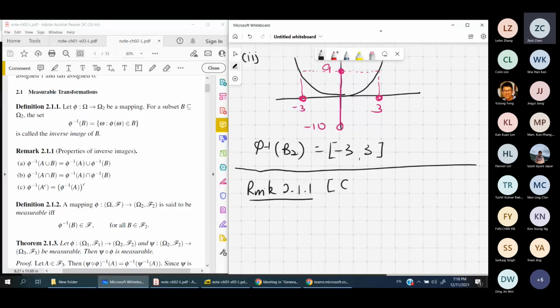So this is the general case, maybe up to infinity. So that is the inverse for it.